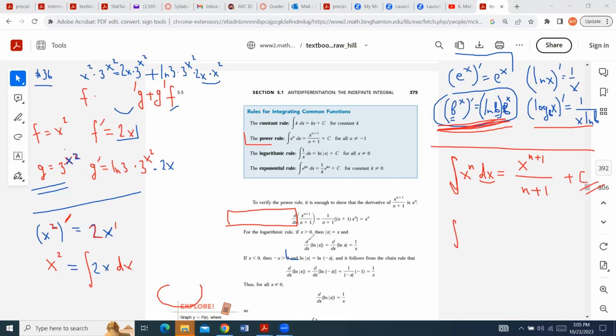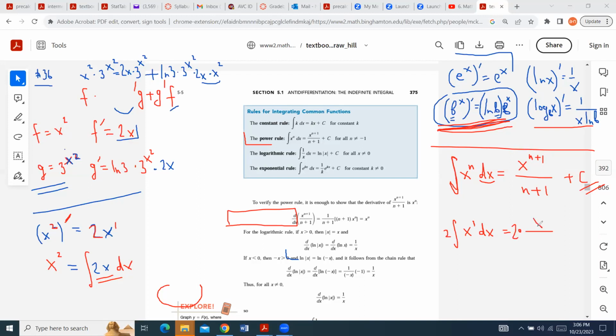So what I want to do is actually double check what happens if I take the antiderivative of 2x dx. Please notice 2 is a multiplier, so it doesn't really play much role in this process. Just like with derivatives, if I multiply by a constant, it still stays multiplied. So what I need is to use the formula that I just wrote. So I'm going to keep that 2 multiplied.